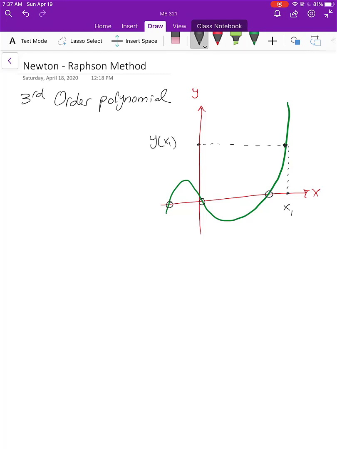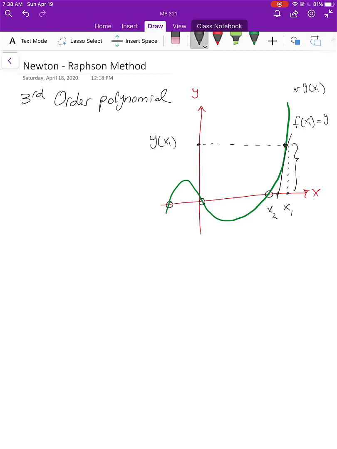So at this point, if we evaluate the function f at x equals 1, it will be equal to this distance right here, y of x equals 1. So if we take a slope at this point, the intersection of that slope with the x-axis, we call this point x2.